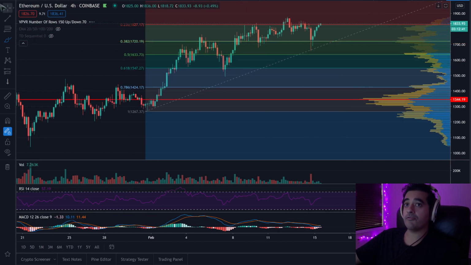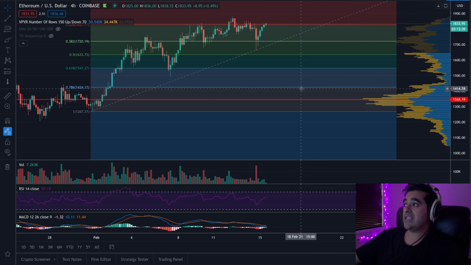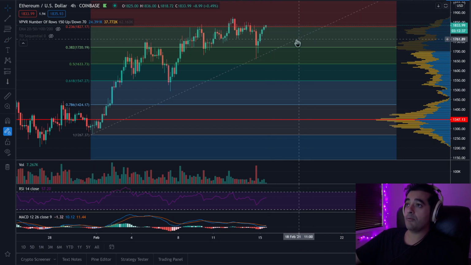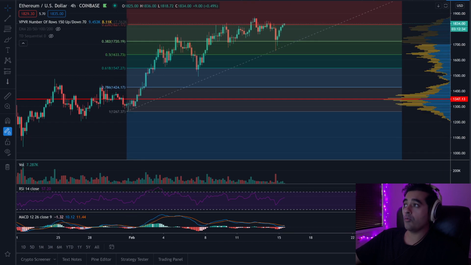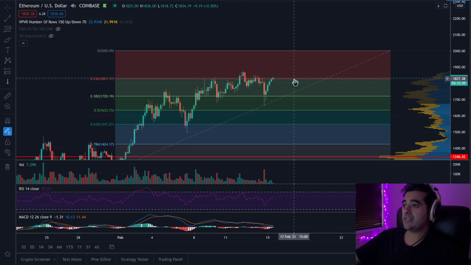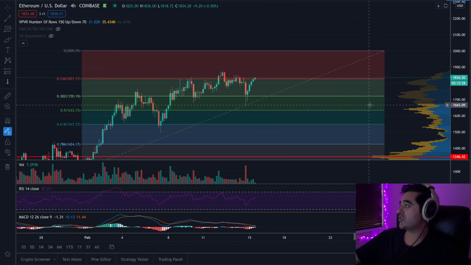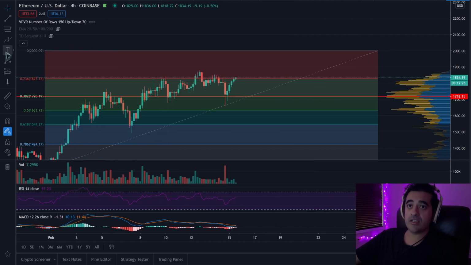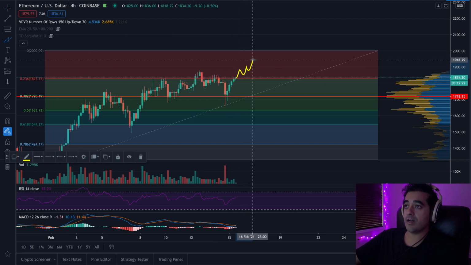The next target for Ethereum is really to see it go up to 1900, and we want to see how it reacts there. The goal would be to see it flip this red line at around 1830 as support. So what I'd like to see with Ethereum is a move like this. I would like to see it continue to move up and hit resistance at 2000 and then come back down and test 1834.